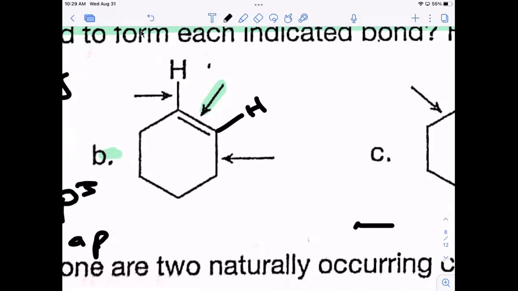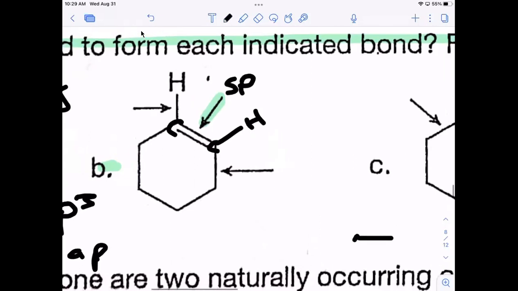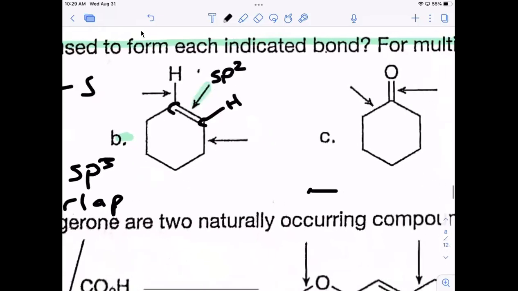Each carbon in that double bond, what do you think the hybridization state is? SP2. They're both sp2, right? So the double bond, remember, is two bonds though. It's a sigma and a pi. Do y'all remember that? We talked about that the other day.